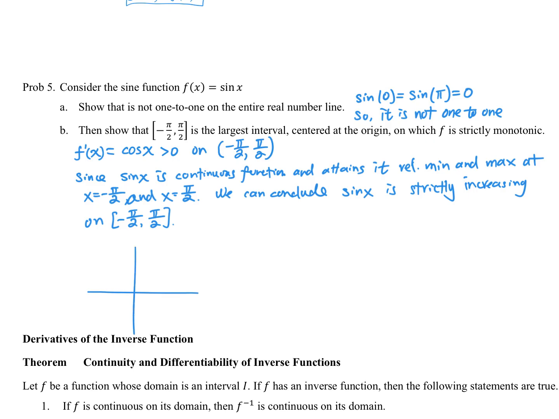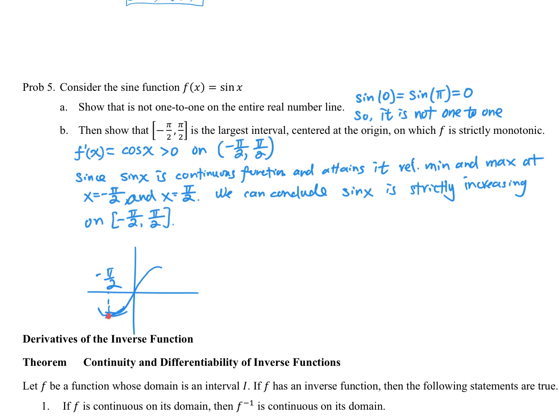So basically, this is what I meant. Suppose this is negative pi over 2. Because this is the relative minimum, if you move further to the left, the value will be higher than this minimum.